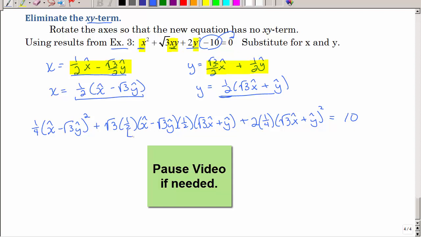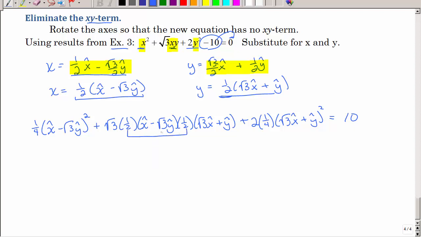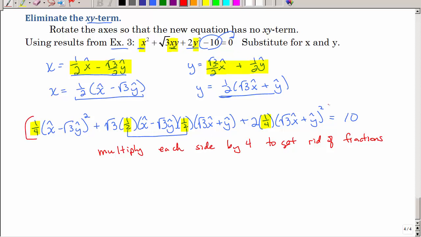Would you agree that 1/2 times 1/2 is also 1/4? If you look, then each term would have a 1/4. So how about this? Let's get rid of those fractions. So let's multiply each side of the equation by 4 to get rid of those fractions.